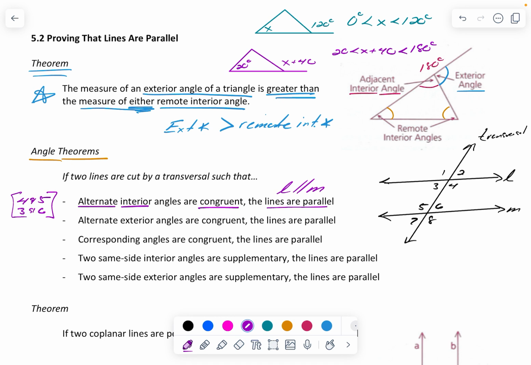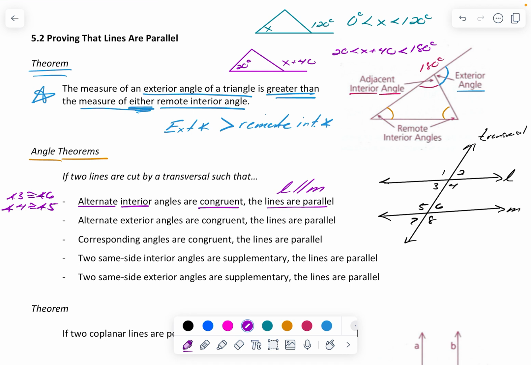You know what? Let's write it this way. So let's say angle 3 congruent to angle 6, or angle 4 congruent to angle 5.